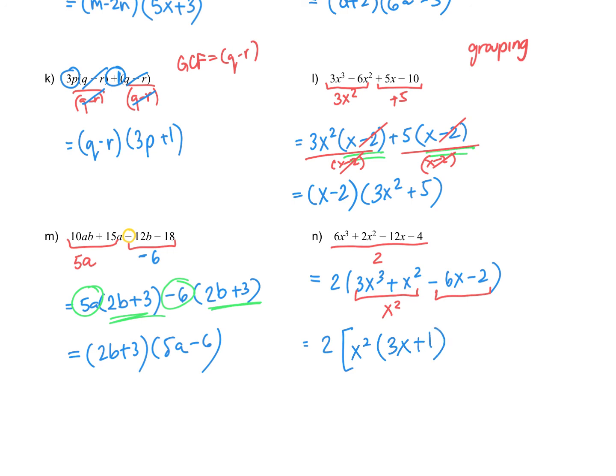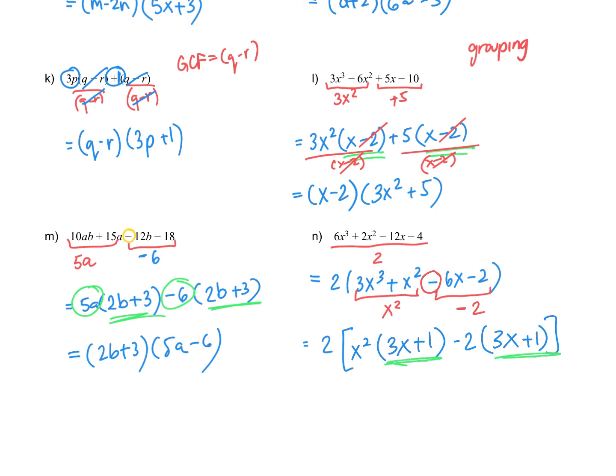And then when we look at our next pairing, there's a negative there, so my GCF will be negative right away. And then between 6 and 2, 2 is the common factor. So I'll put my negative 2 out, and then negative 6x divided by negative 2 is positive 3x, and negative 2 divided by negative 2 is positive 1.